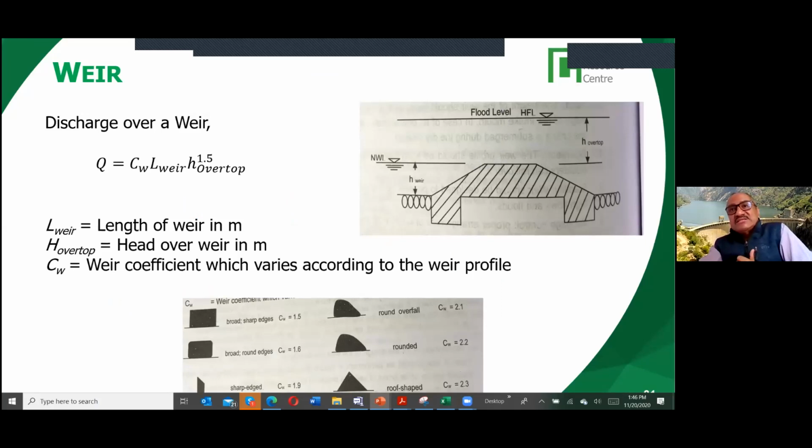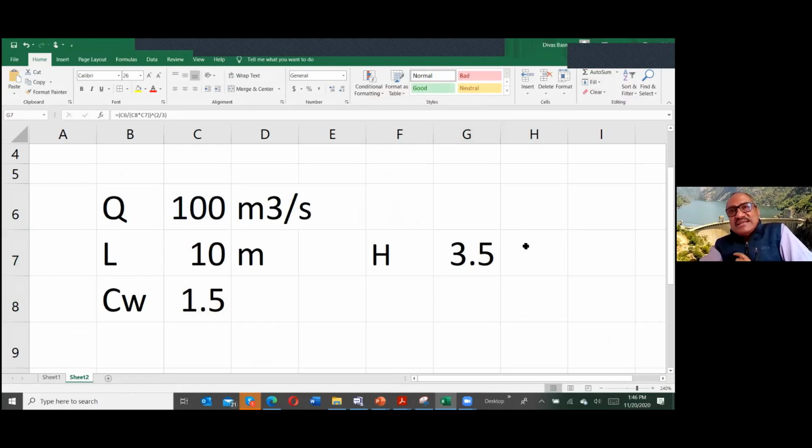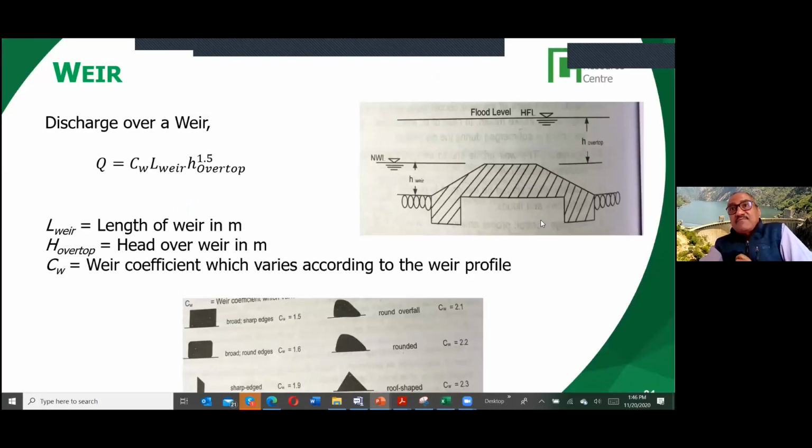The reason this calculation is important is, if the high flood level is more than the river bank, the water will flow over the banks and create flooding. So you have to make sure the water level above the weir is not higher than the river bank, and it helps you design this.